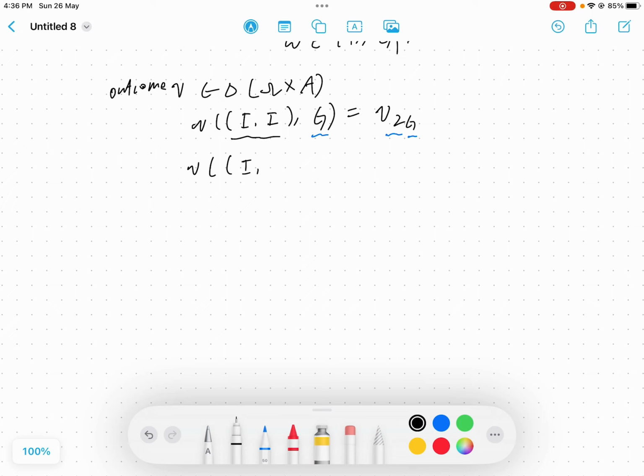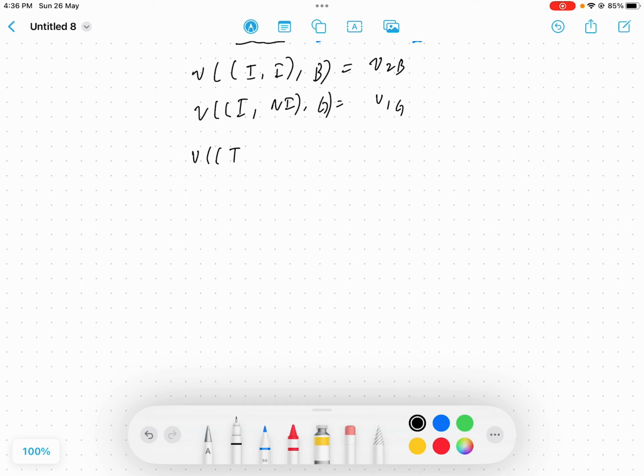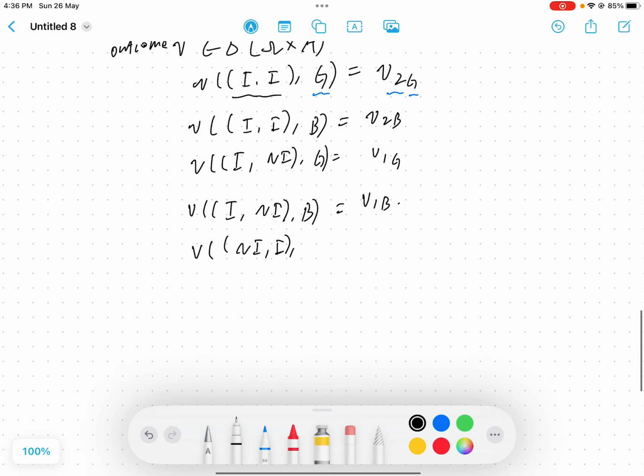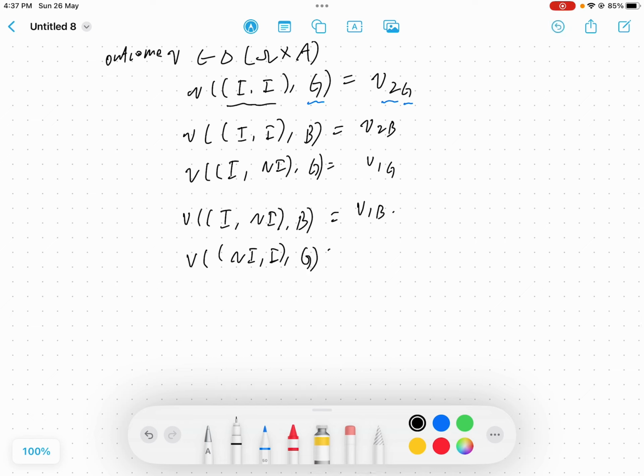So the v, I, B, namely this is V2B. So v of I, NI, G is V1G. v of I, NI, B is V1B. Okay, and we have another V1G, which is v of NI, I, G, which is just symmetric to the previous one. And V of NI, I, B is V1B.